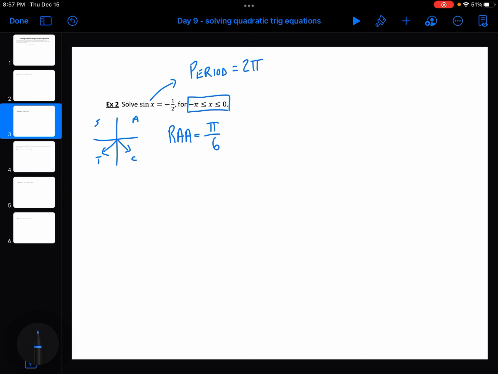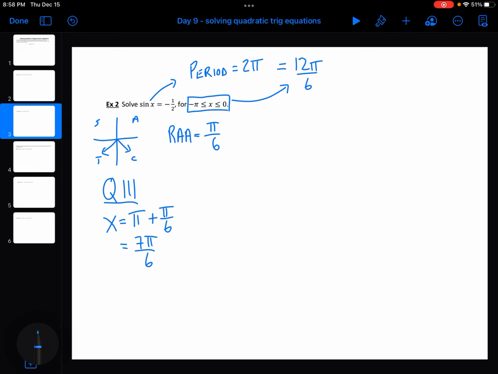But if we're dealing in pi by 6, I'm going to make that actually 12 pi by 6, because I know I'm going to have to change my answer. I'm going to have to make my answer fall within the domain that I want. So first, I'll work as though we're just dealing between 0 and 2 pi. We're going to go to quadrant 3. We're going to have x equals pi plus pi by 6, which is 7 pi by 6.